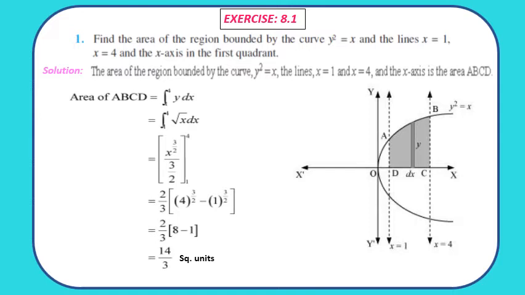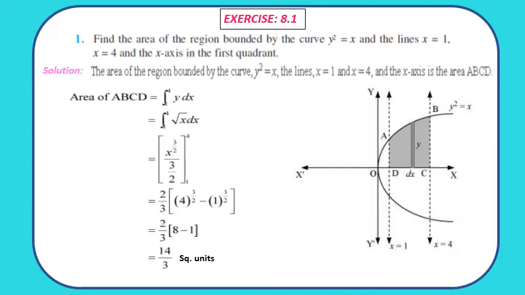Now we have y square equals x, so it is a parabola. Since it is y square, it will be symmetric about x-axis, and x equals 1 is a line parallel to y-axis and x equals 4 is also a line parallel to y-axis. Therefore the area bounded by the curve, x equals 1, x equals 4 and the x-axis is the area ABCD, as you can see in the figure, since we need only the first quadrant.